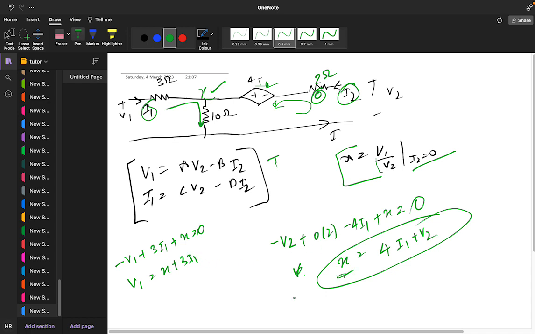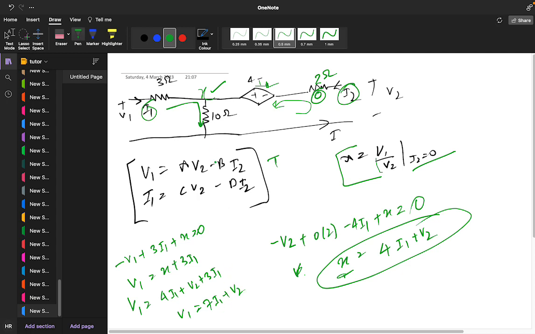You can substitute the value of X, 4I1 plus V2 plus 3I1. So V1 value is 4 plus 3, 7I1 plus V2.